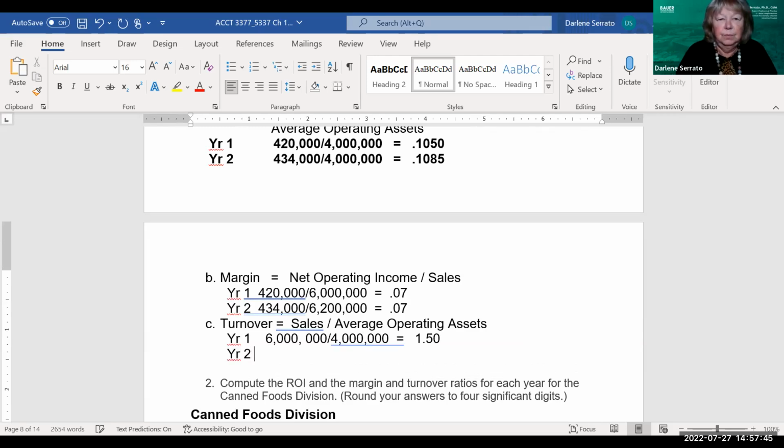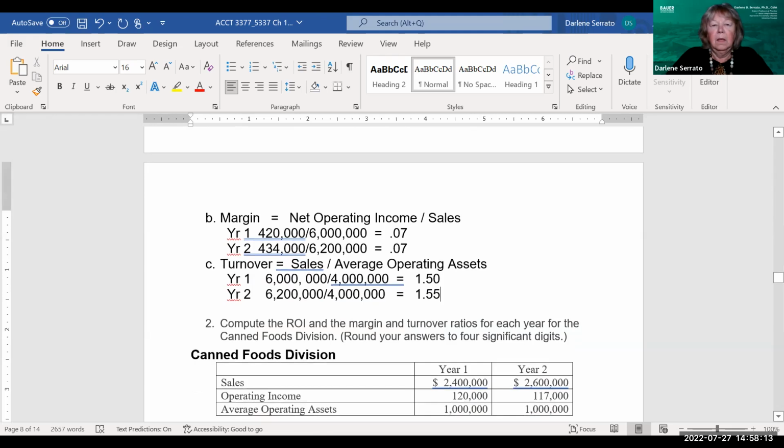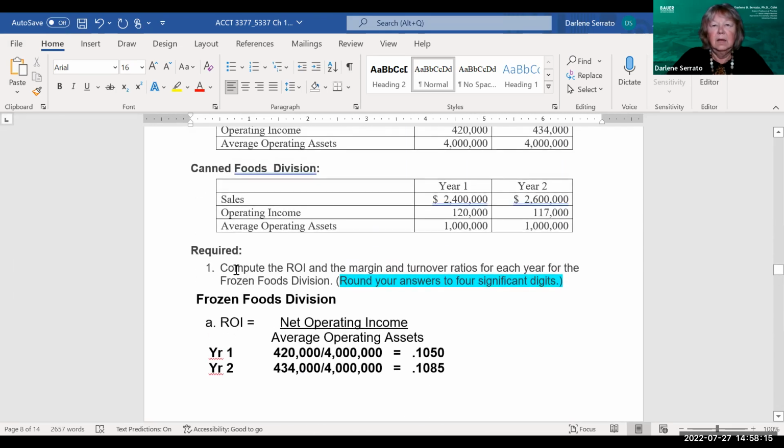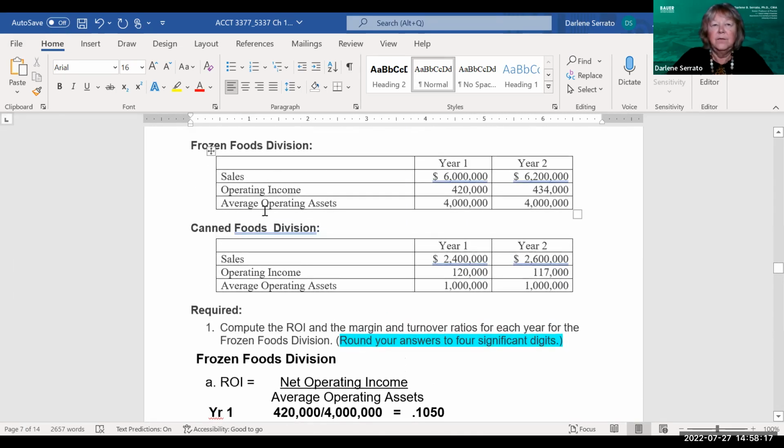Year 2 went up to 6,200,000. Average assets stayed the same from year 1 to year 2. So since sales went up and the denominator stayed the same, the turnover should increase, and it is 1.55. Okay, so that is frozen foods.